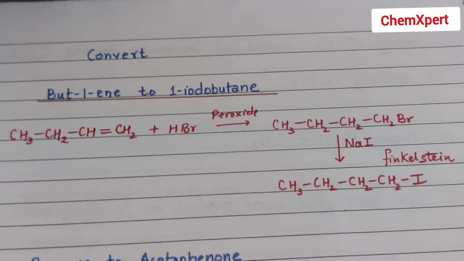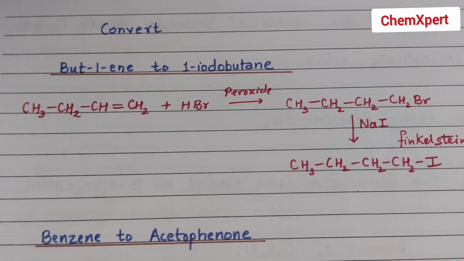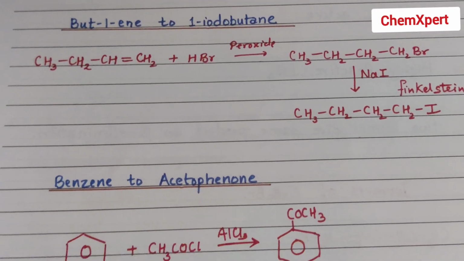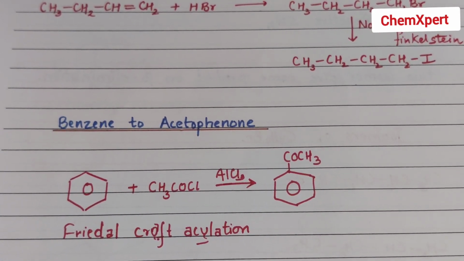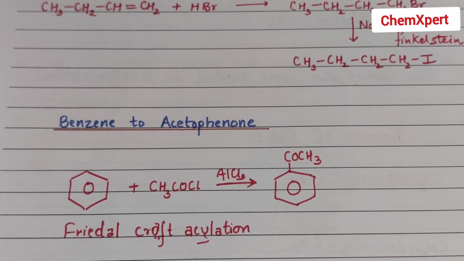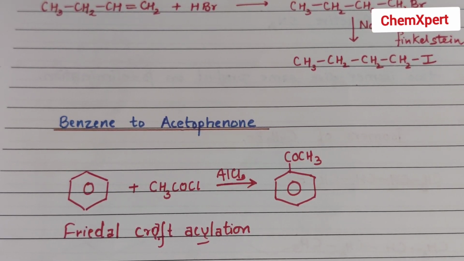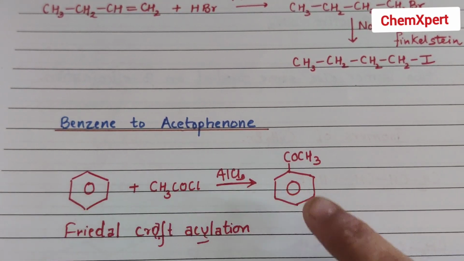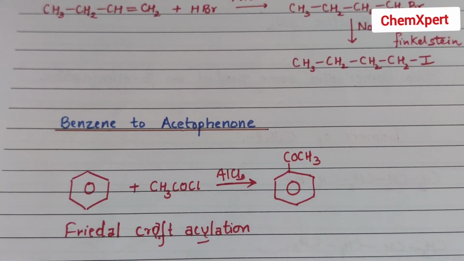Now the next is the conversion of benzene to acetophenone. This is again a name reaction, Friedel-Crafts acylation, where we directly treat benzene with CH3COCl, and in the presence of AlCl3 it forms acetophenone. Acetyl chloride reacts with benzene to form acetophenone.